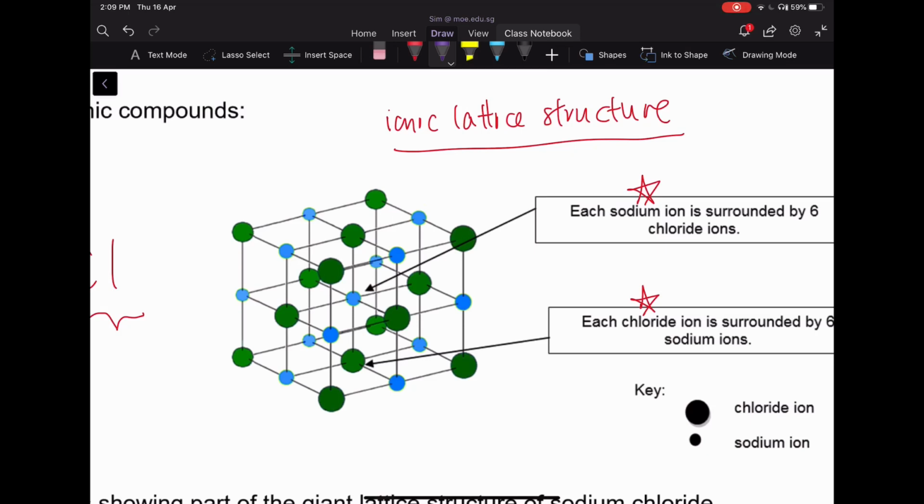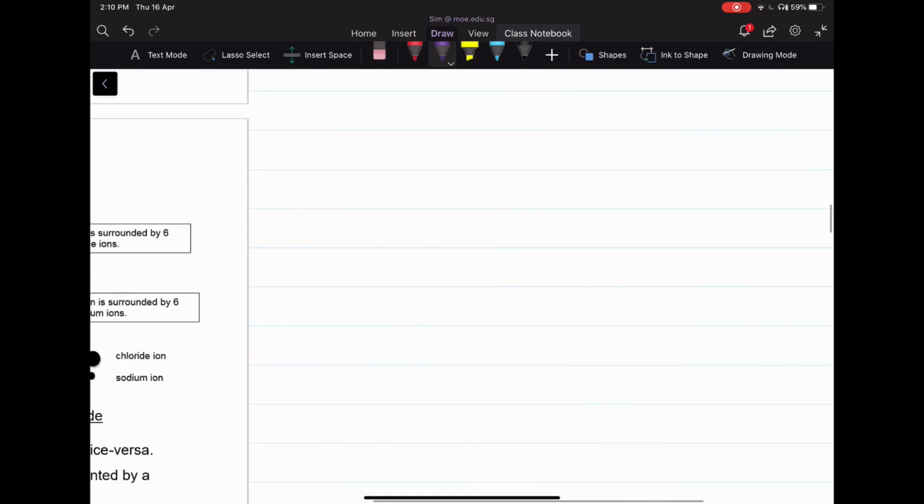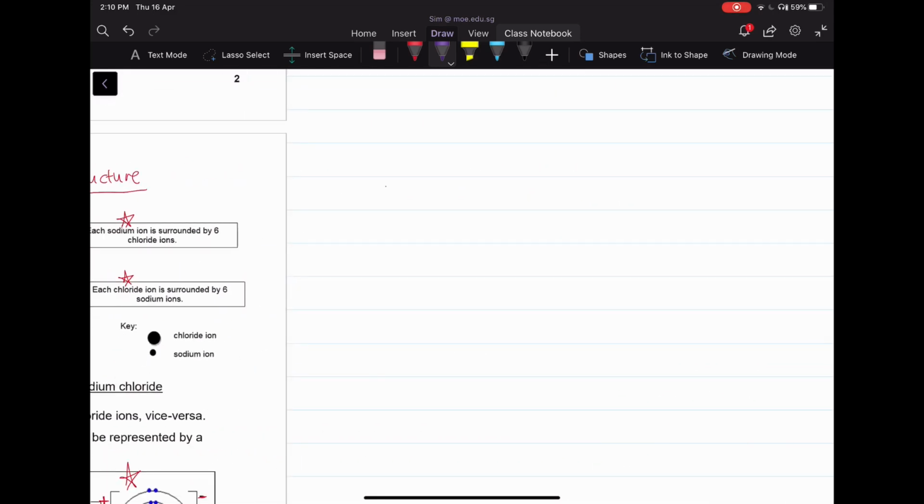It's very, very strong. And if you want to melt or boil something, like what you learned in kinetic particle theory, melting means you go from solid to liquid. Which means that your atomic structure will change from this format to something like this. The particles won't be that neatly arranged anymore.